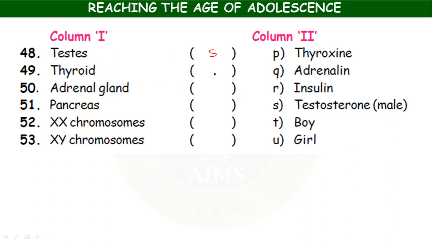Thyroid produces thyroxin, P. Adrenal gland produces adrenaline, Q. The pancreas produces insulin, R. XX chromosomes represent the girl. XY chromosomes represent the boy.